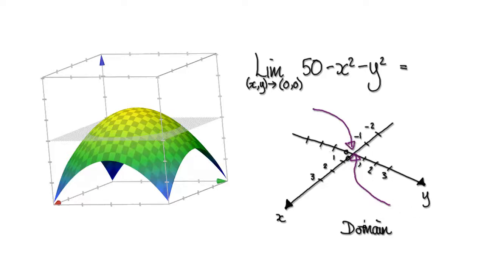You could head towards the origin in this manner, or in this manner. The point is that no matter how you head towards the origin, all the heights must be the same.